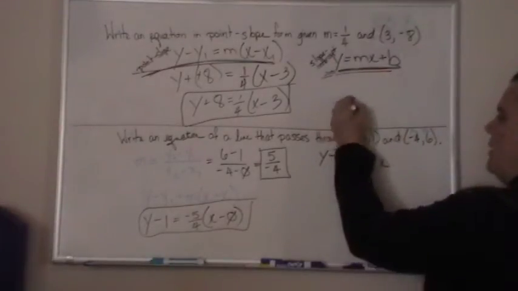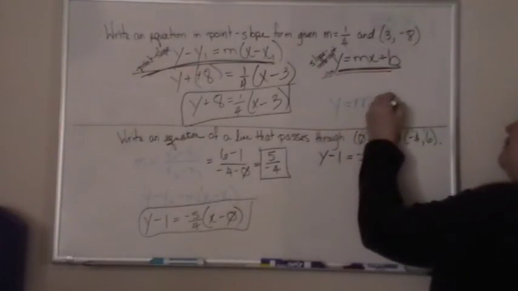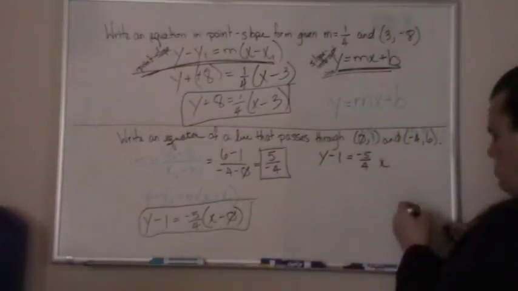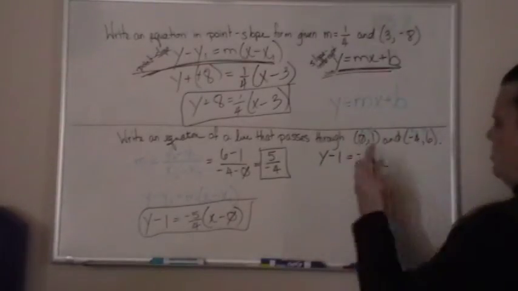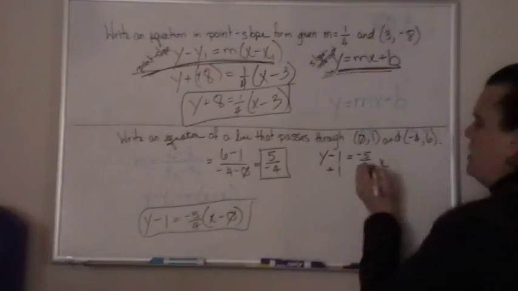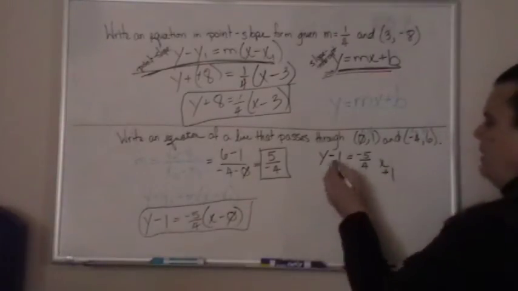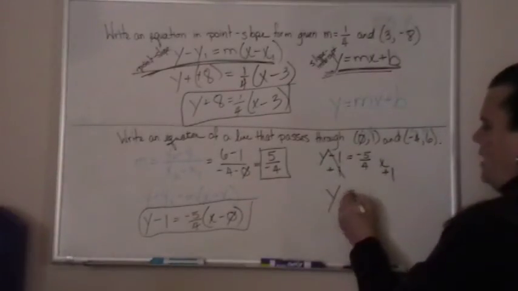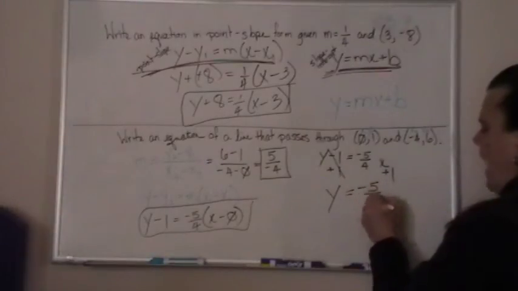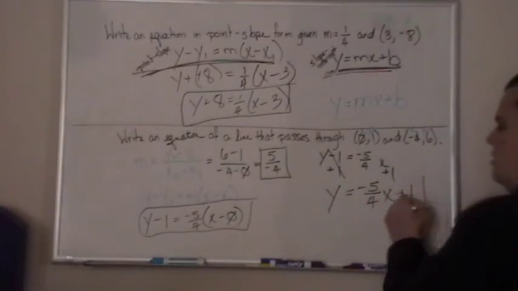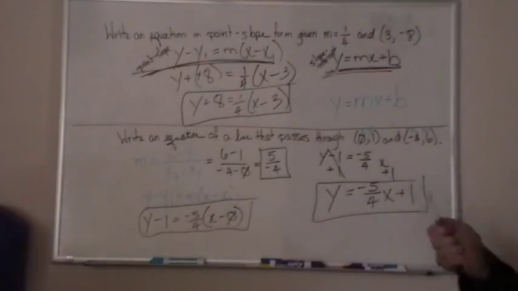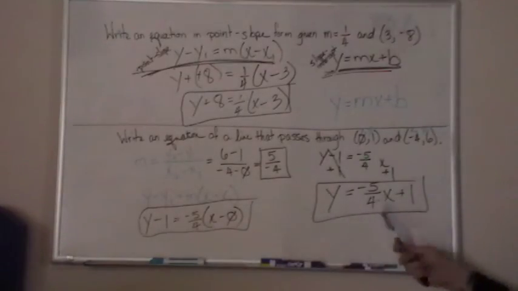I want y equals mx plus b. I want y by itself. So to do that, I'm going to add 1 to the side, so I have to add 1 to the other side. This cancels. Y equals -5/4 x plus 1. So now I have it in slope-intercept form. Point slope form, slope-intercept form.